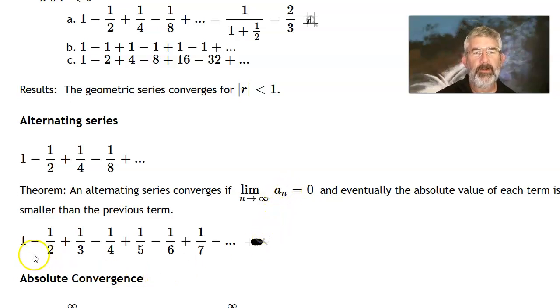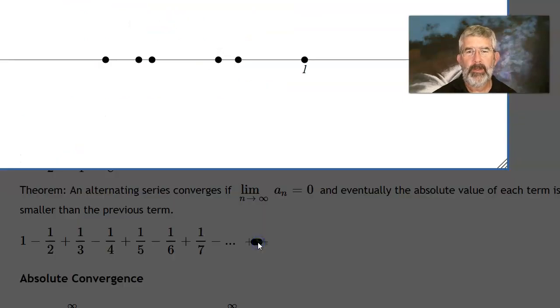For instance, here's what's called the alternating harmonic series: 1 minus a half plus a third minus a fourth plus a fifth minus a sixth. That is, you've got an alternating plus or minus sign, and the denominators are just n, 1 over n.